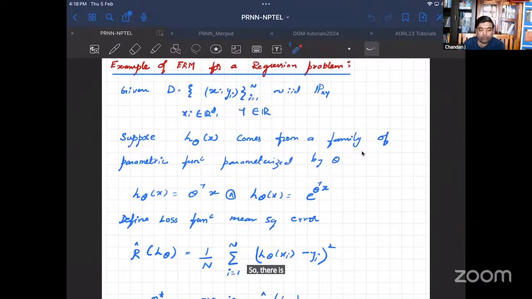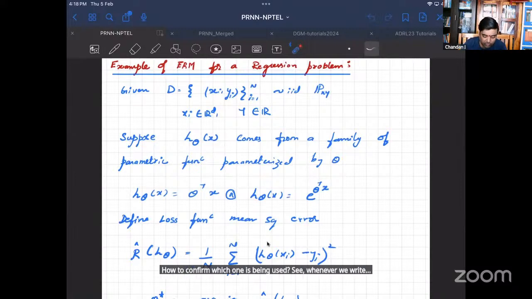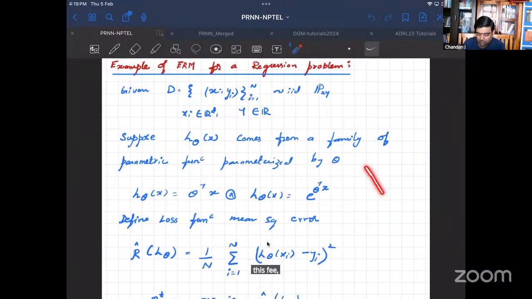There is a confusion about whether the cumulative distribution function, probability mass function, or probability density function is used in the lecture. How do we tell which one is being used? Think of it like this. Whenever you use capital P, this is the distribution. On the other hand, whenever lowercase p is used, this is mass or density.